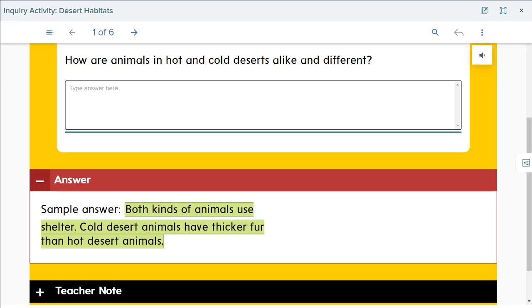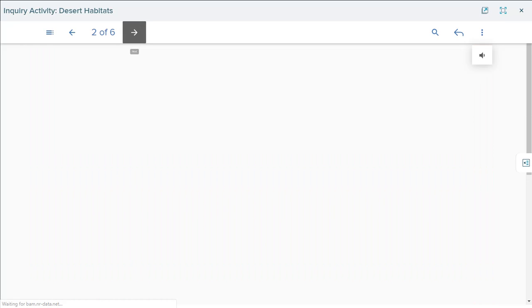We said that it has a waxy coat that covers it from the sunlight. It also has a thick stem that it can use to store water. So animals that live in the hot desert or cold desert have different adaptations to live in that place.